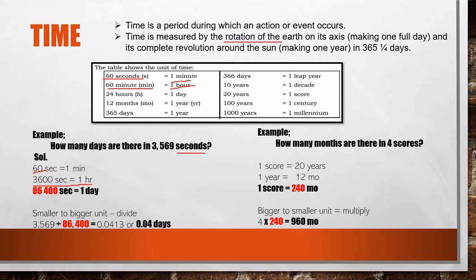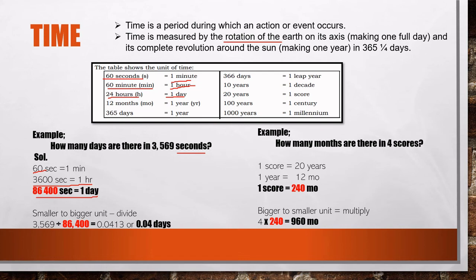In 1 day, there are 24 hours. So, i-multiply ulit natin yung 3,600 sa 24. That will give you 86,400 seconds. And that is equivalent to 1 day. So, ito ngayon ang gagamitin natin conversion factor para ma-convert natin yung given sa days.